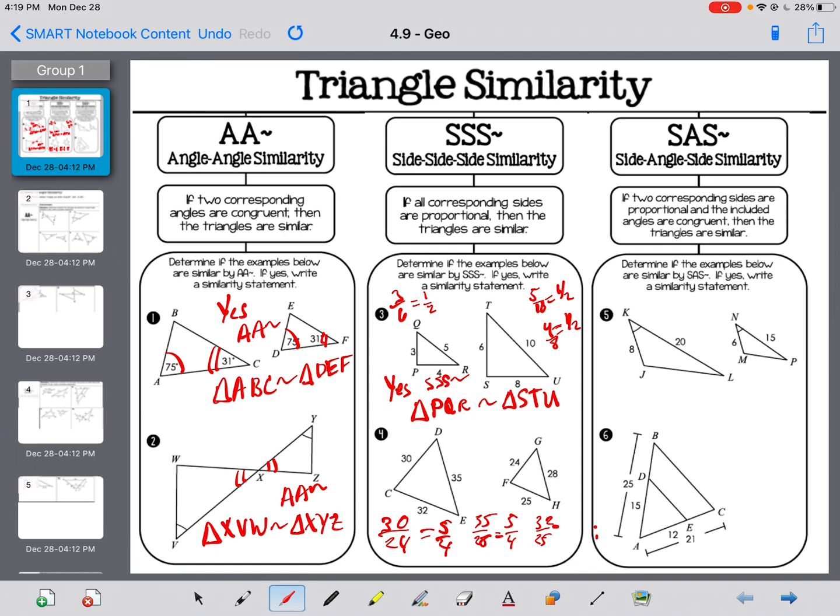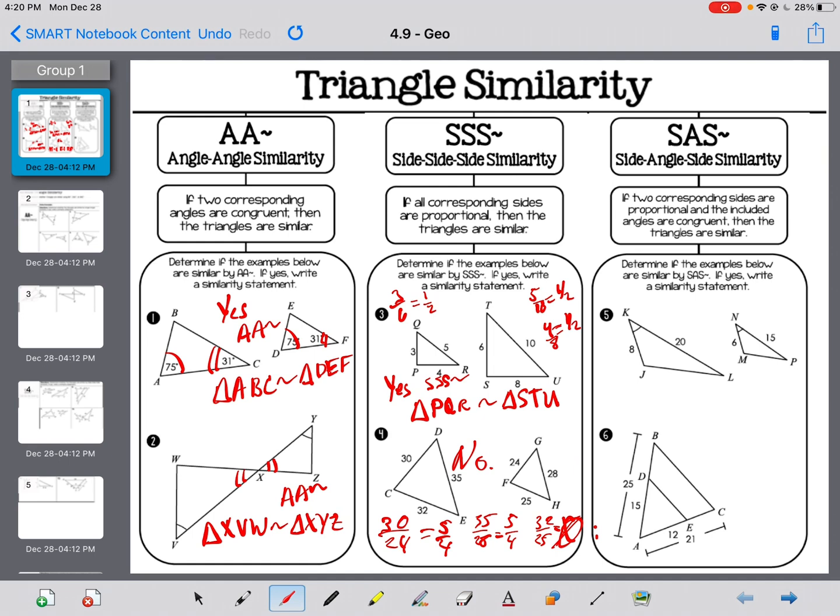And then lastly, we got 32/25. Nothing goes into 32 and 25. So that would be a no. It doesn't reduce to 5/4, so that doesn't work. So we're going to go with no, because they're not equal.